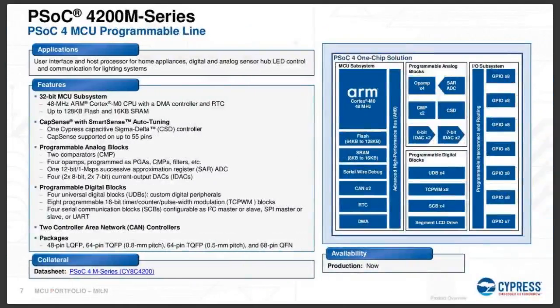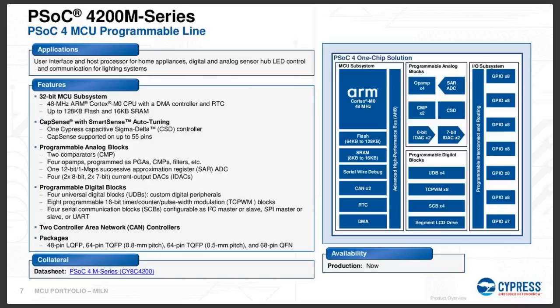Here's an example of a PSoC 4200M series part. Again, based on the ARM Cortex M0, and all these M0s can run up to 48 megahertz. Some of the parts, depending on which part you want to use, can run at slower speeds or be set as a 24 megahertz part, but in the family, they'll run up to 48 megahertz.